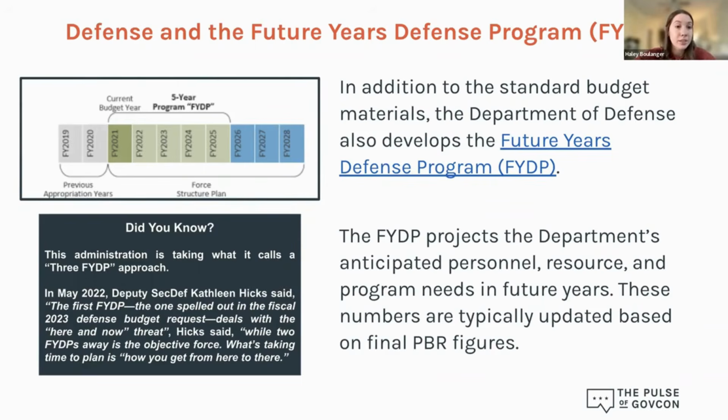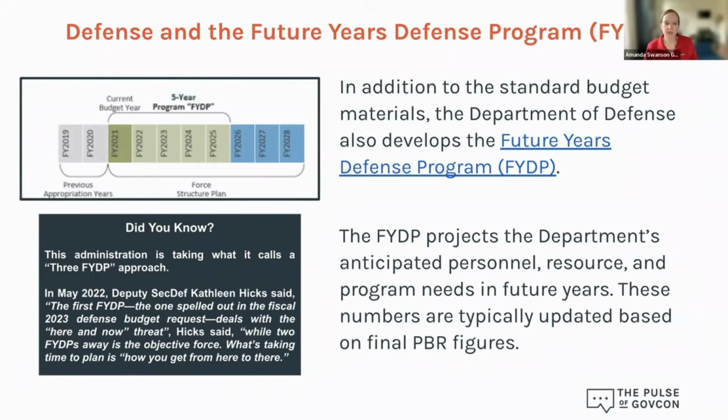And our current administration, the Biden-Harris administration, is taking what it calls a 3 FYDP approach. In May 2022, Deputy SecDef Kathleen Hicks said the first FYDP, the one spelled out in the fiscal 2023 defense budget request, deals with the here and now threat, while 2 FYDPs away is the objective force. What's taking time to plan is how you get from here to there.